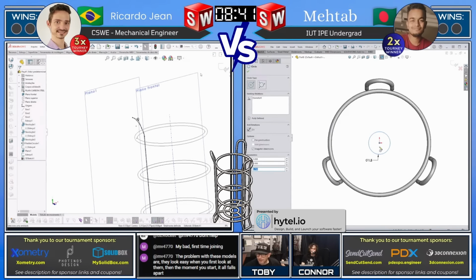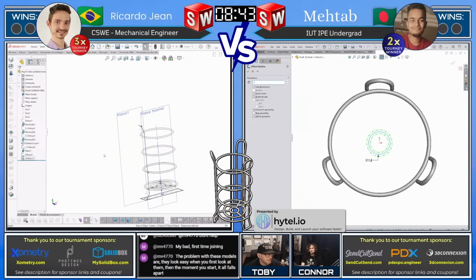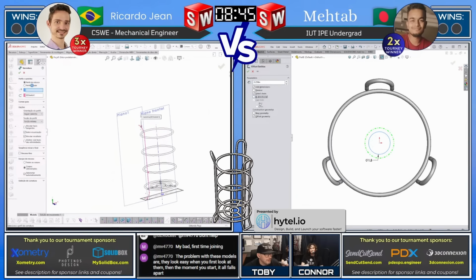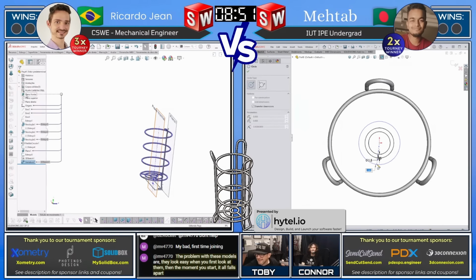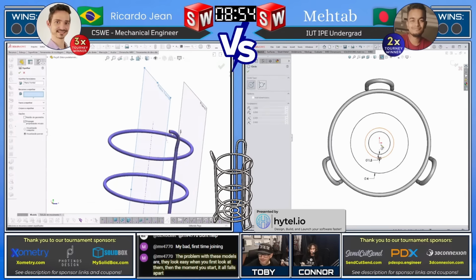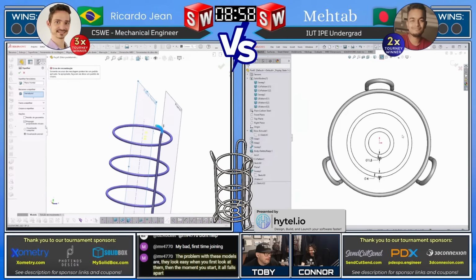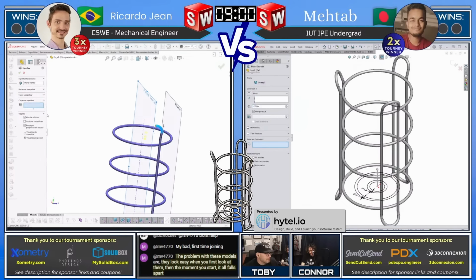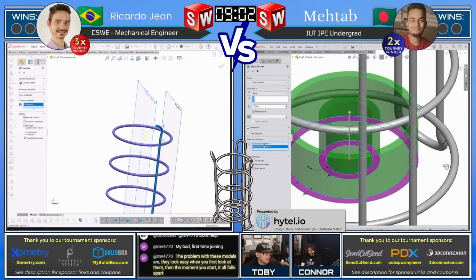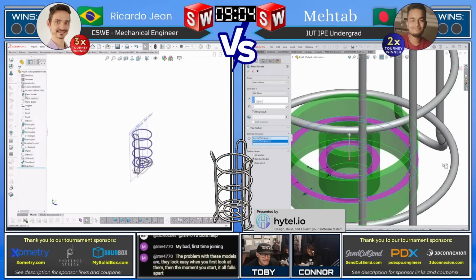Yeah, I think for the most part, it's going to be, I like this comment from MV4770. The problem with these models is they look easy when you first look at them, and then the moment you start, it all falls apart. Yes, there's definitely some nasty stuff in this model. Some of the things that you'll notice on the 2D drawing are things like the inside bend radius being called out. That's definitely something that is pretty darn nasty.